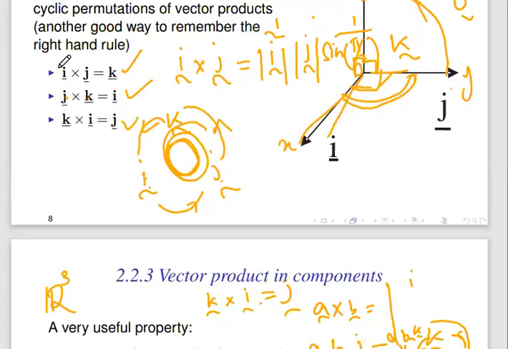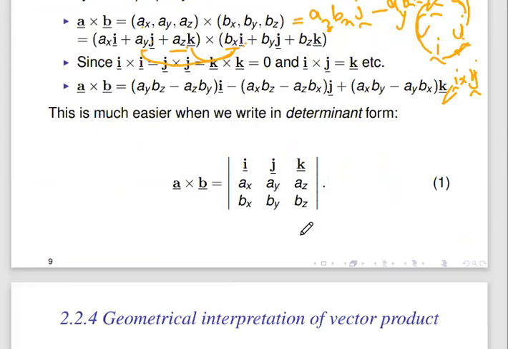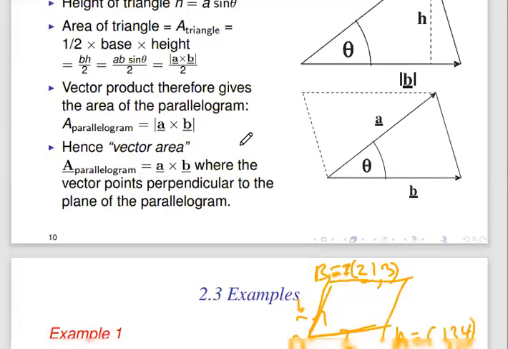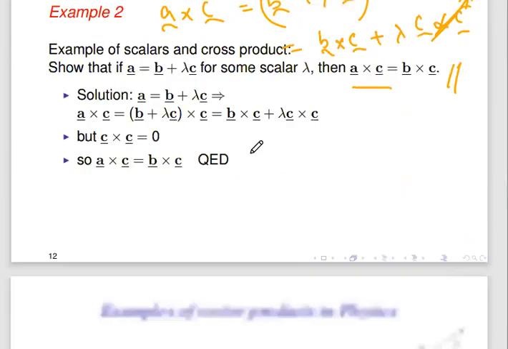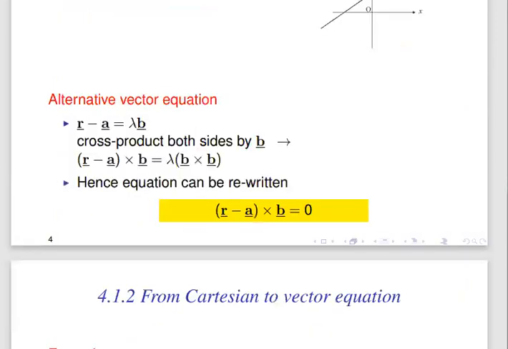These are important in the exam. And the geometric representation. That's all.